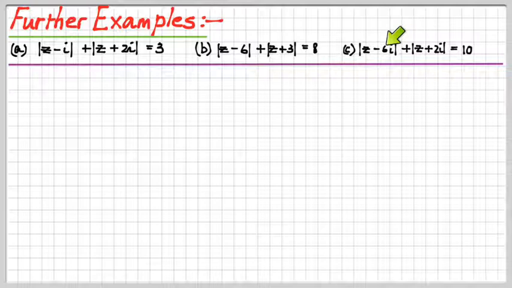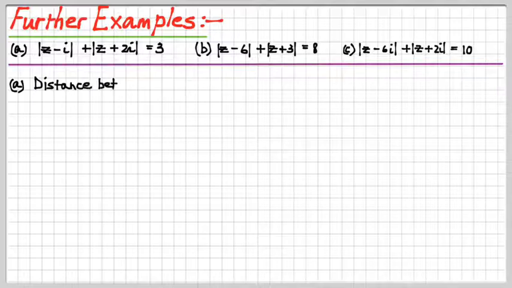This one here, that's the distance of z from 6i plus the distance of z from minus 2i. That's 8 units apart. Yes, that's an ellipse. Okay? So, you get what I'm doing? See, this one here, the distance between i and minus 2i is 3 units.